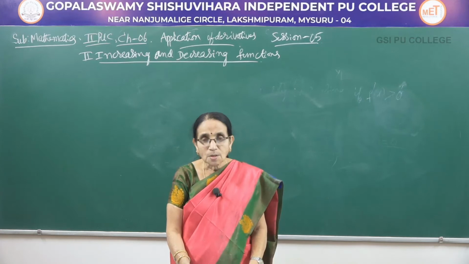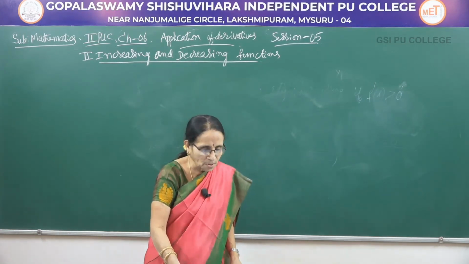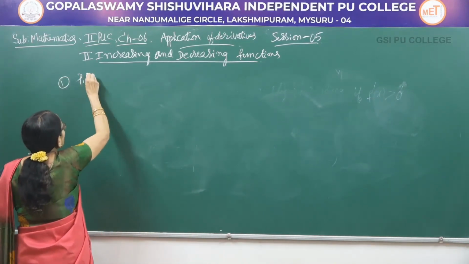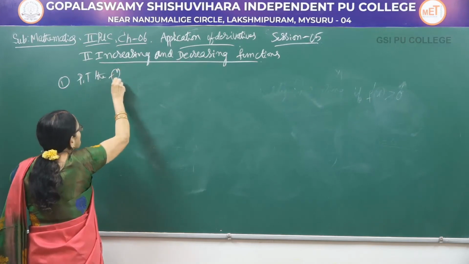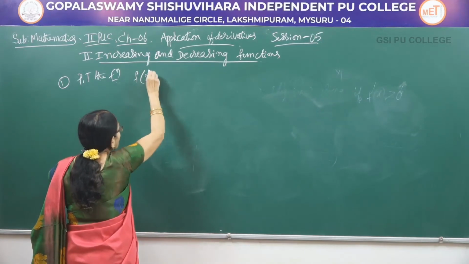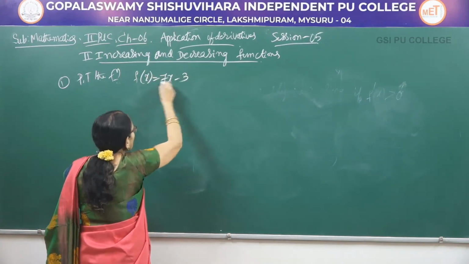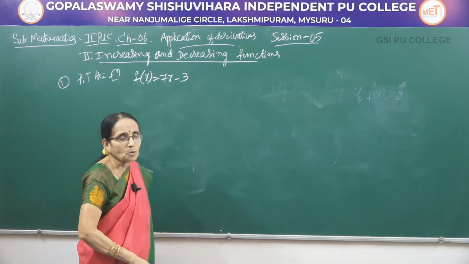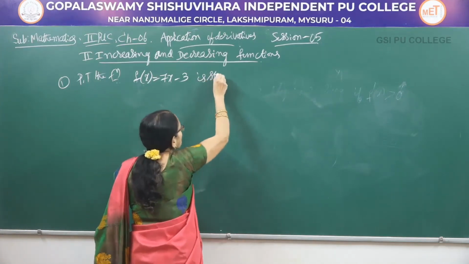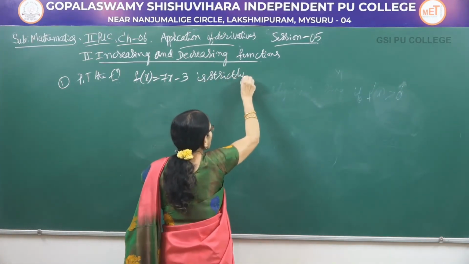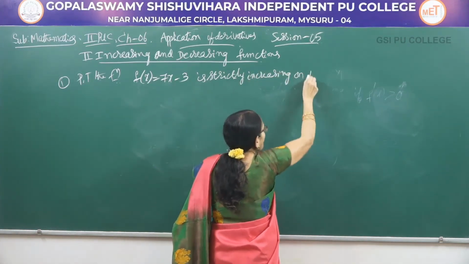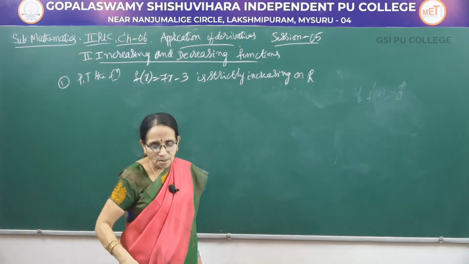Now, let me work out some problems here. The first problem: prove that the function f given by f of x equal to 7x minus 3 is strictly increasing on R. This is the problem.